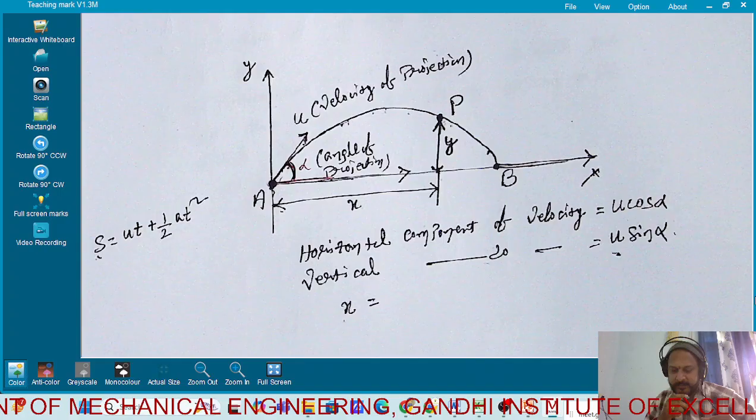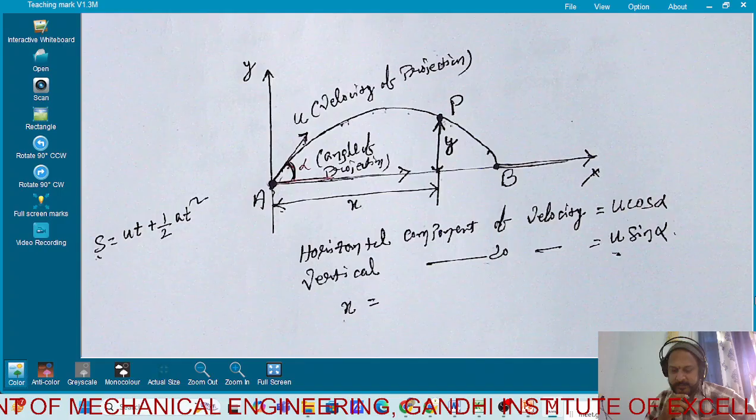Next, coming to y. Same equation we'll use here. What is the velocity here? u sin alpha. Very good. u sin alpha into t plus half at square. The vertical component is moving with constant acceleration, due to gravity. The horizontal velocity is uniform, but the vertical component is totally due to acceleration due to gravity, and it will be minus.